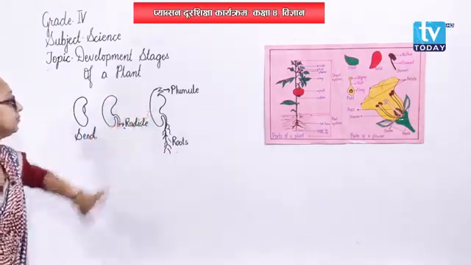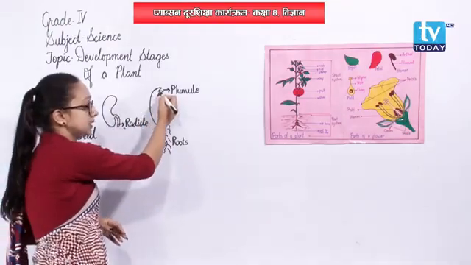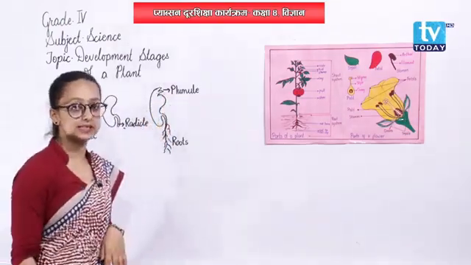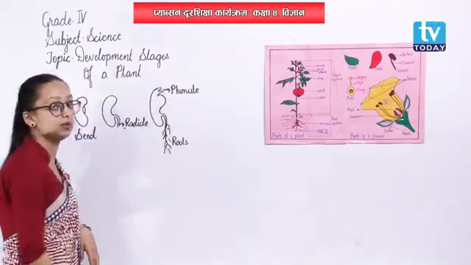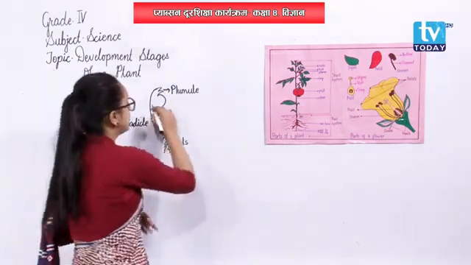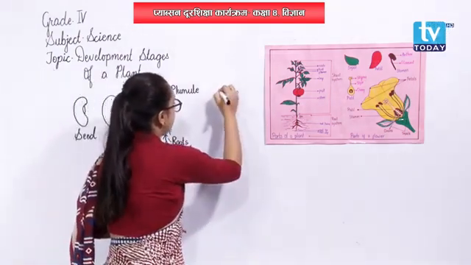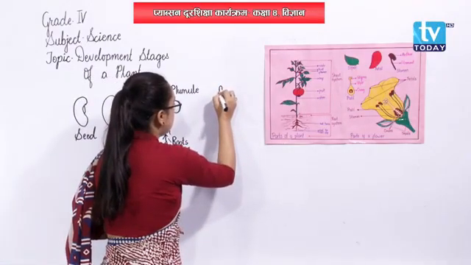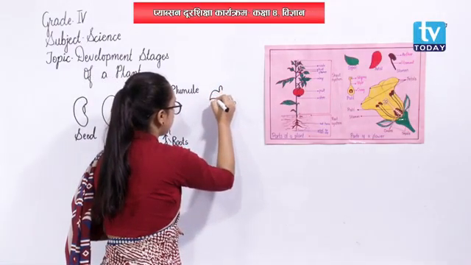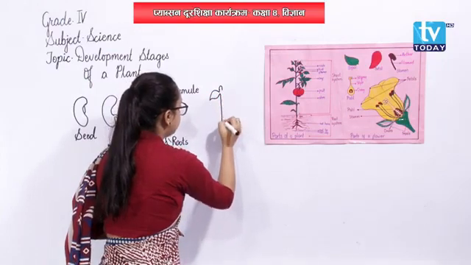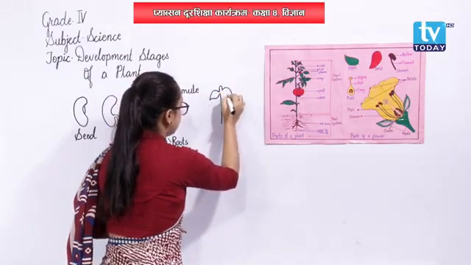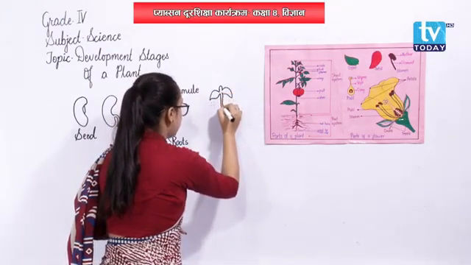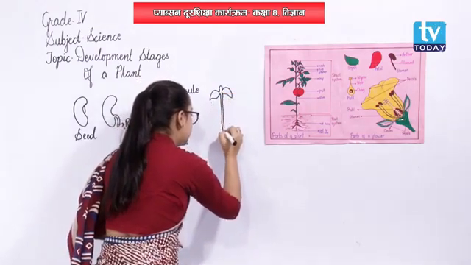In a similar way, the next structure that appears from the top of the seed is known as plumule. Then these structures finally start growing into a young baby plant, along with a young, very weak, green stem.